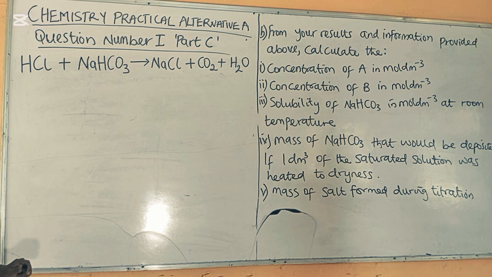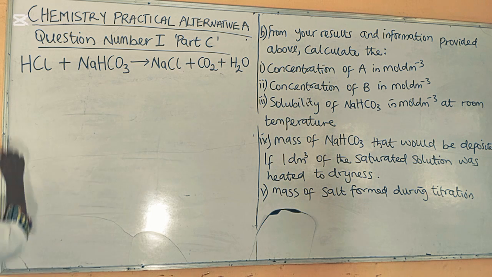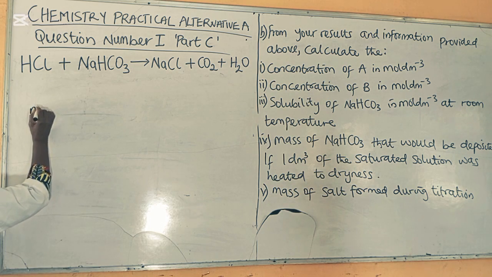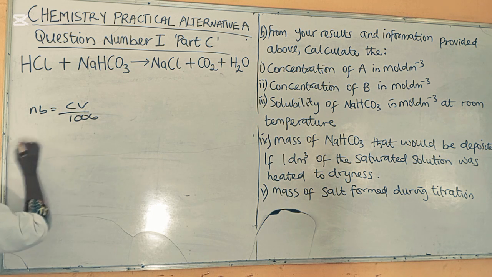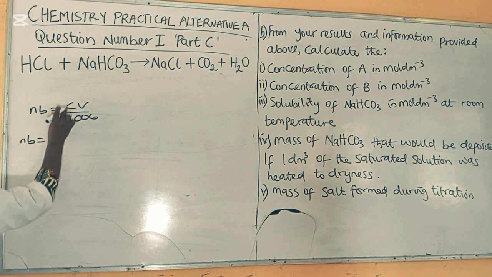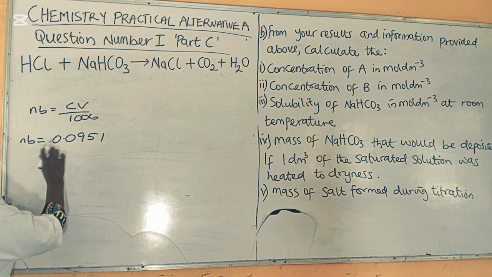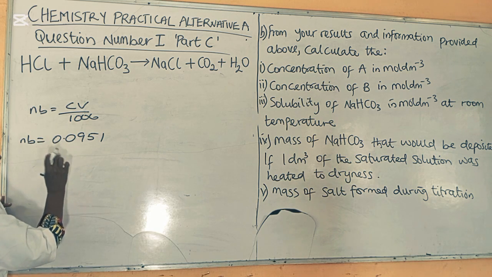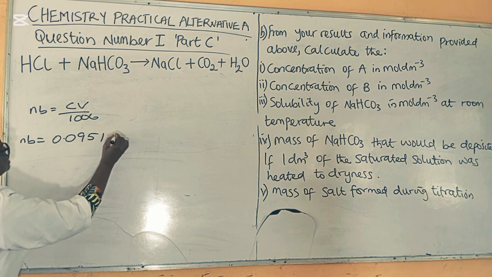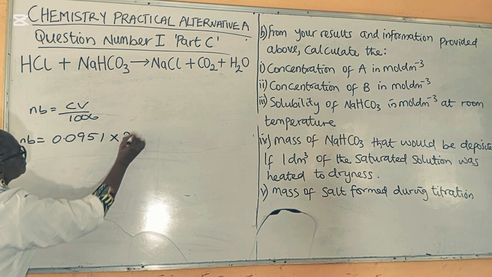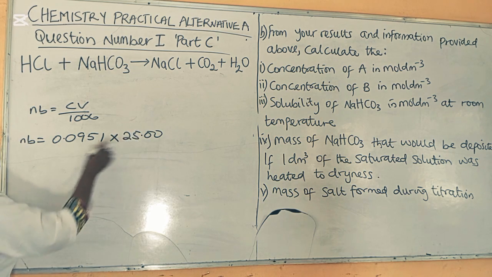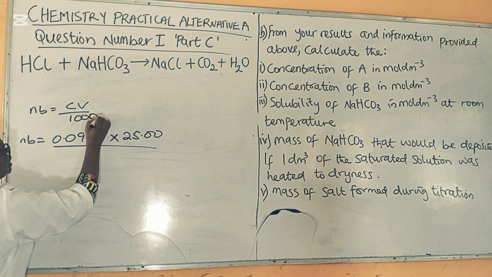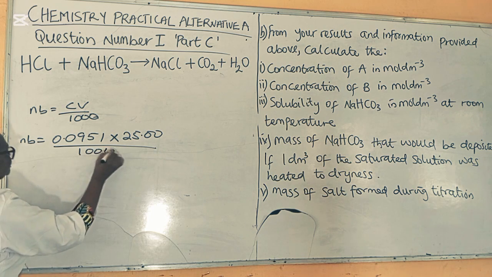Remember how we did it for carbon 4 oxide volume. So NB equals CV over 1000. Therefore, NB, the C is 0.0951 times the 25, which is my area of interest. I want to know the amount in 25. Divide by 1000.